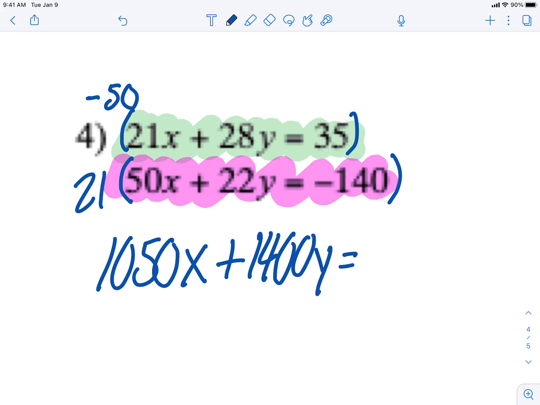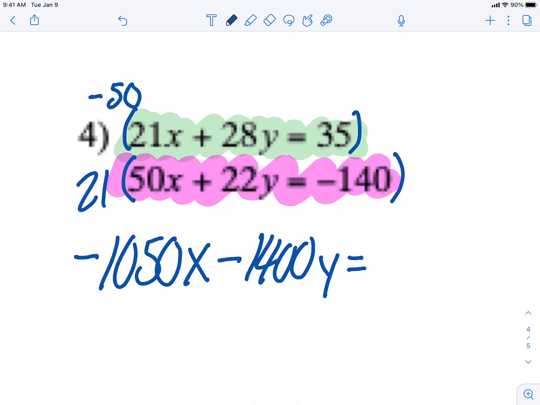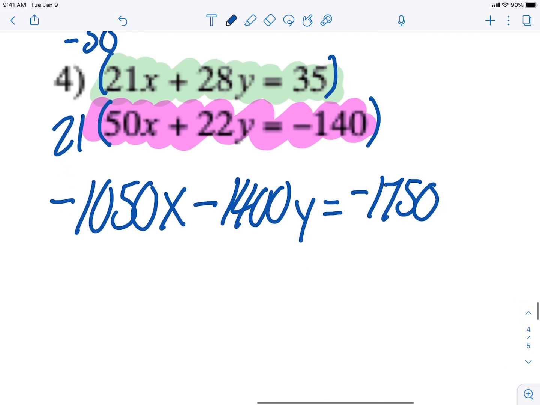Y is equal to, nope, I forgot. Look what I forgot to do, everybody. I forgot the negative. Negative 1400y, and then I forgot the negative there, is equal to 50 times 35, which is negative 1750.